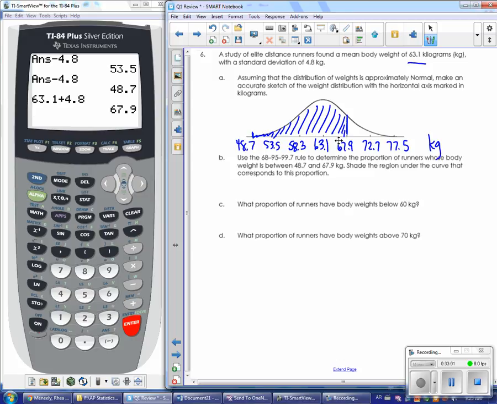And we're asked to use the 68, 95, 99.7 rule to determine the proportion. So there are lots of different ways that you can figure this out. The way I did it is I thought, okay, well, if I look at these two values, I know 68% of my data is right in here.